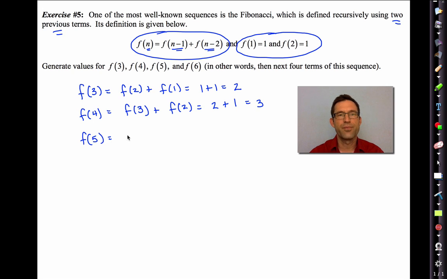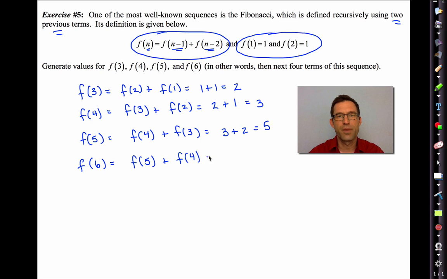F of 5 is f of 4 plus f of 3, and that's going to be 3 plus 2, and that gives us 5. And finally, f of 6 is going to be f of 5 plus f of 4, which will be 5 plus 3 gives us 8.